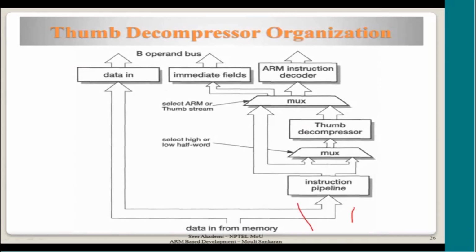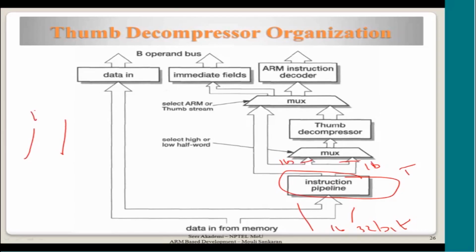Based on whether it is Thumb state or ARM state, a 32-bit or 16-bit instruction comes here, and then the pipeline interprets it as a Thumb state or ARM state instruction based on the T-bit. This is 16-bit, and this is another 16-bit. You may wonder how. Anyway, instructions are accessed from the memory as 16-bit only, right?